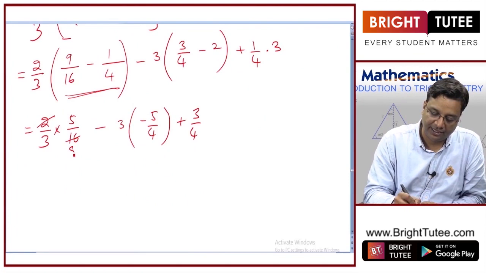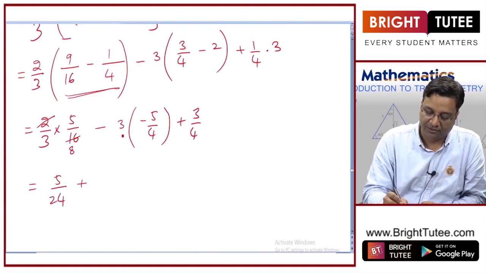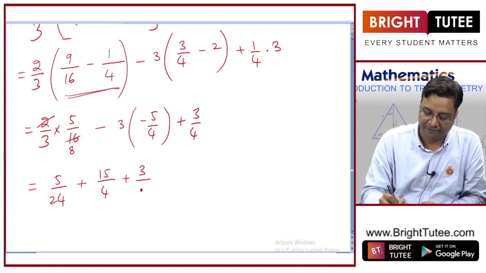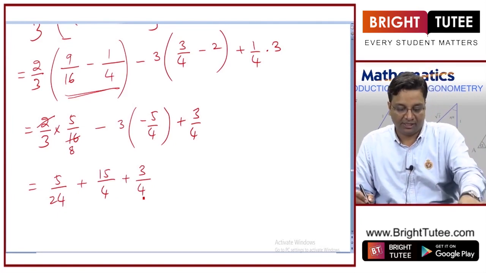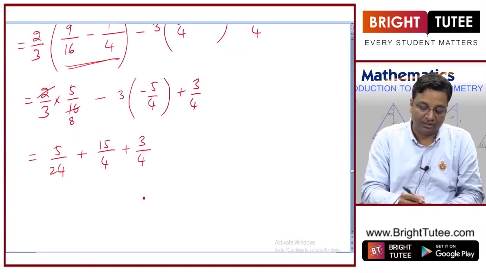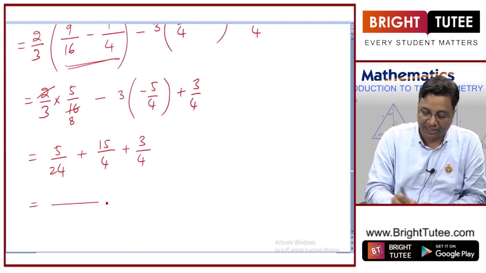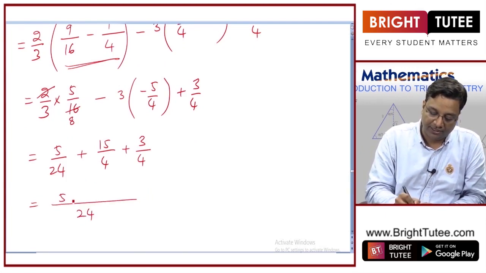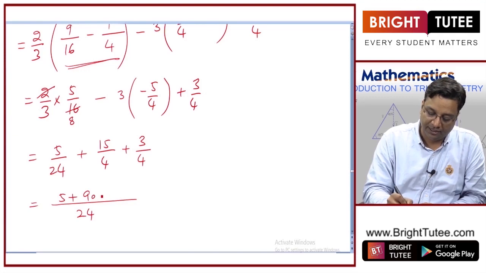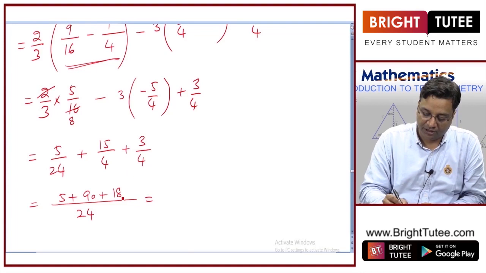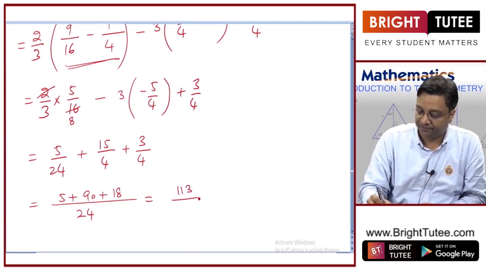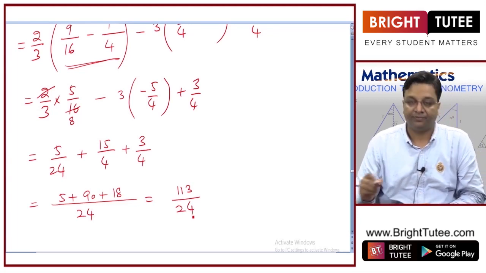This gets cancelled 8. So this is 5 by 24 plus 15 by 4 plus 3 by 4. Now just add these and you will get your answer. So the LCM is 24, 5 plus 90 plus 18. Okay. So this is 108 plus 5, 113 divided by 24.